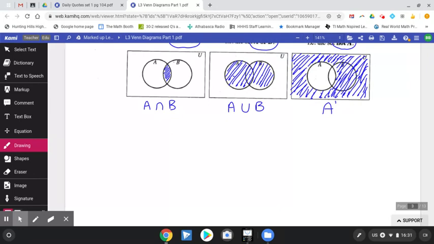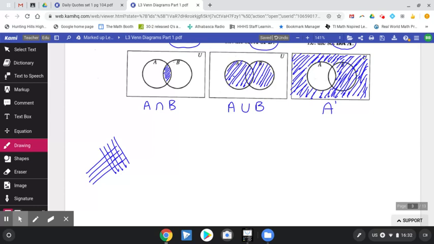The other thing you can do if you're shading two different regions is shade one set in one direction and the other set in a different direction to show the two different sets. I'm going to use a highlighter, so that's another thing you could do. So we want to see the two different kinds of shading, but we also want to be able to see where those two different kinds of shading overlap.